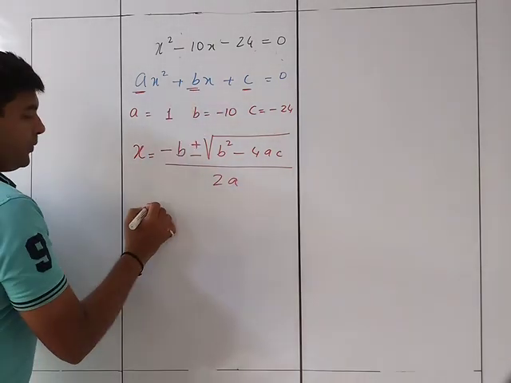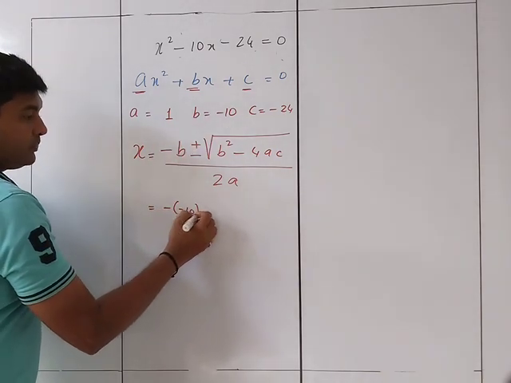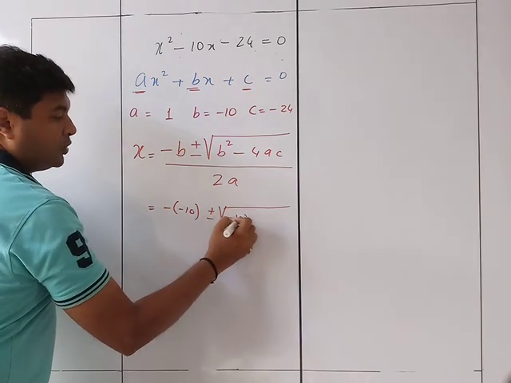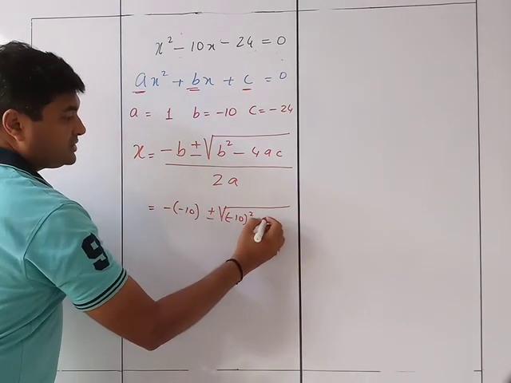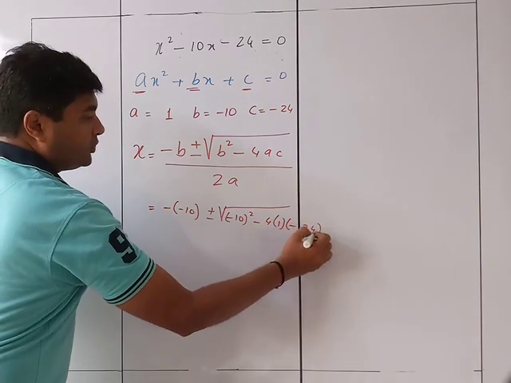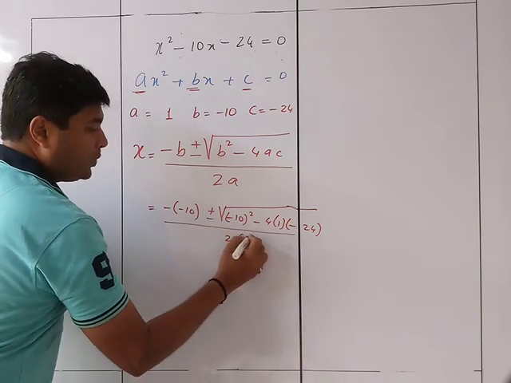Hence, when I put these values, it becomes minus of minus 10 plus or minus root of minus 10 the whole square minus 4 into 1 into minus 24, upon 2 into 1.